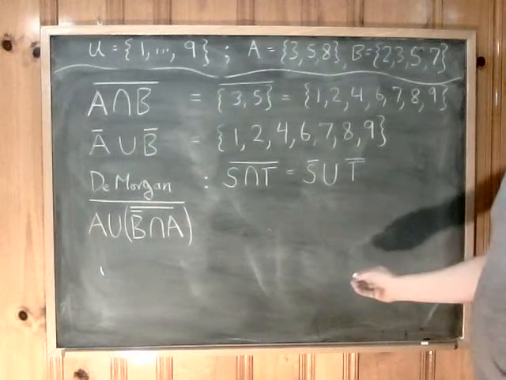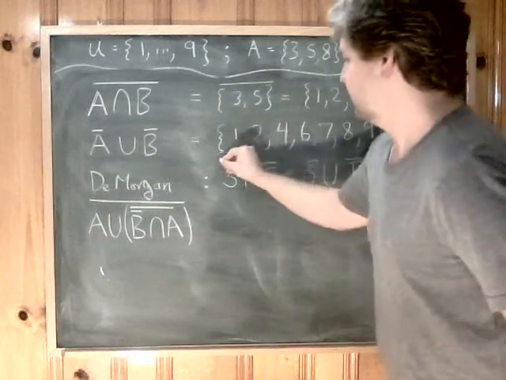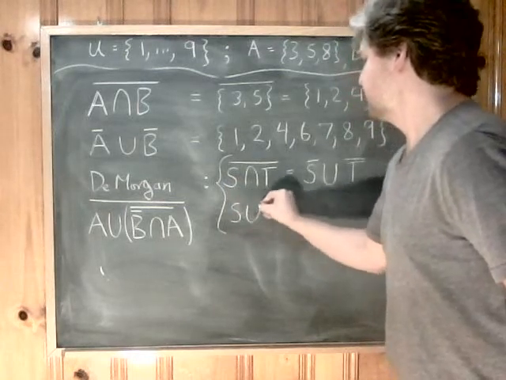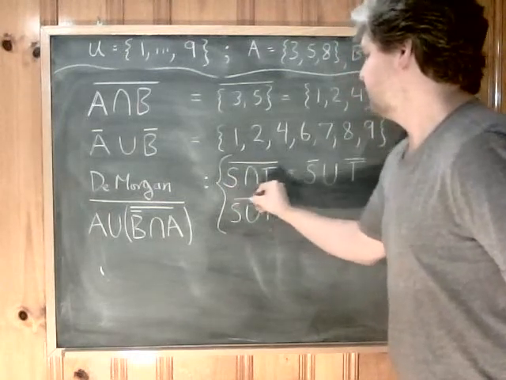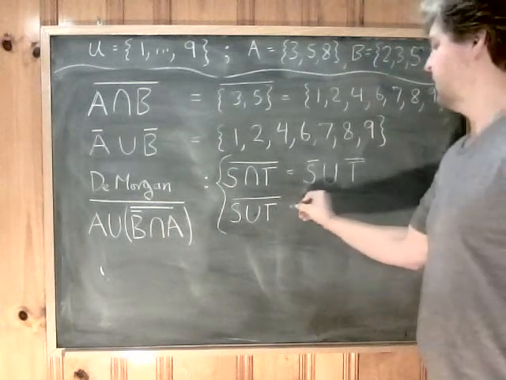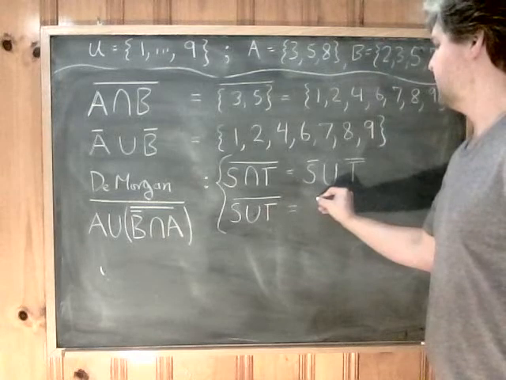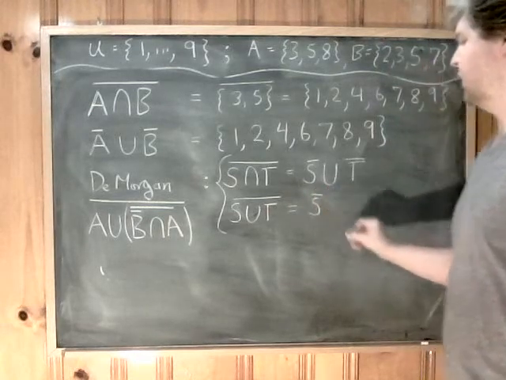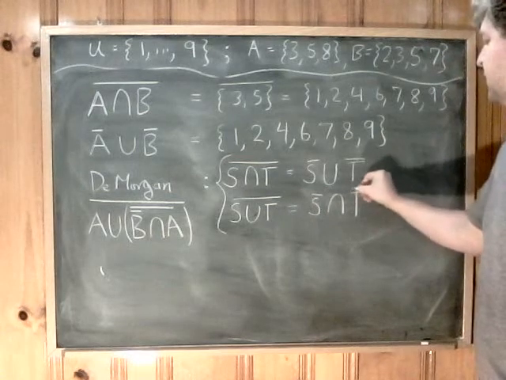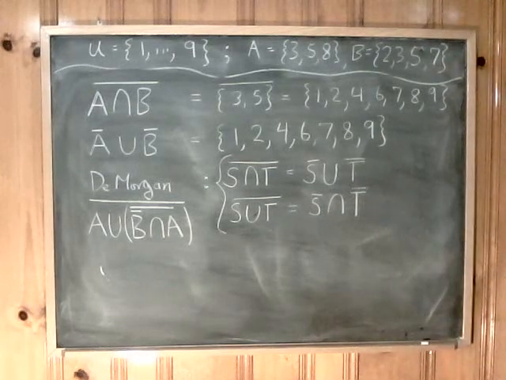The second De Morgan's law works the exact same way, but it starts with a complement of a union, and that becomes taking the complement separately and intersection. Those are the two De Morgan's laws.